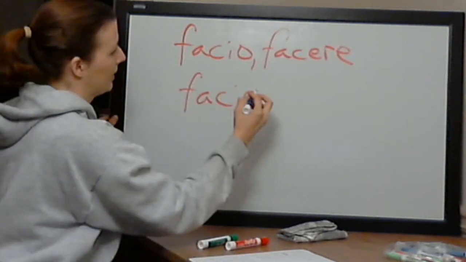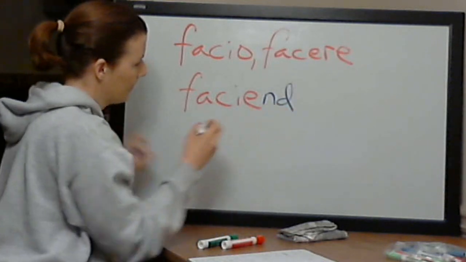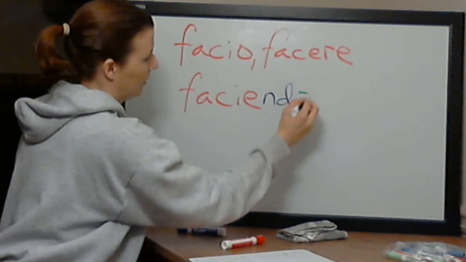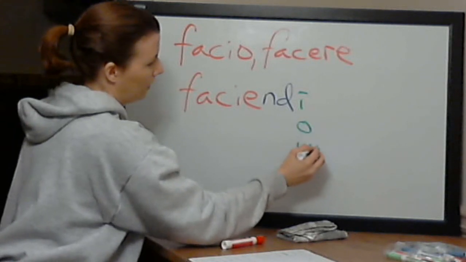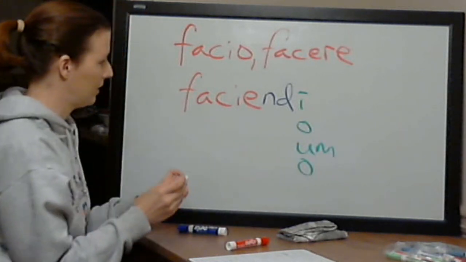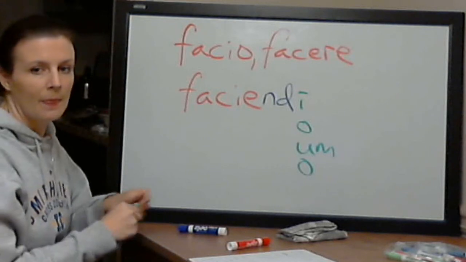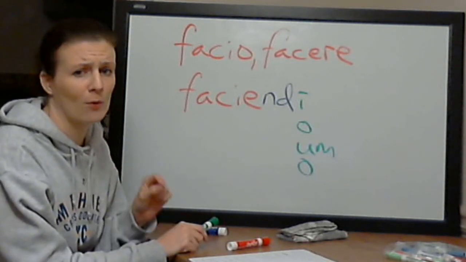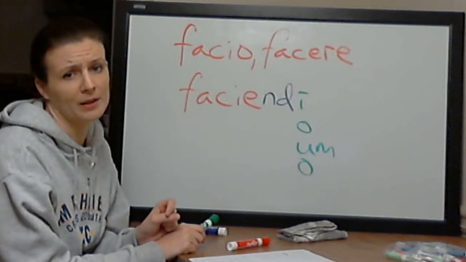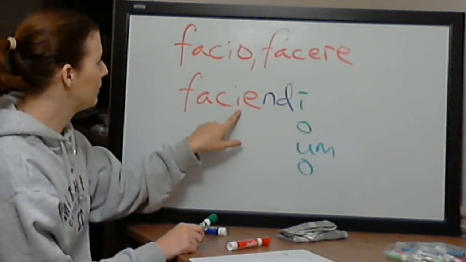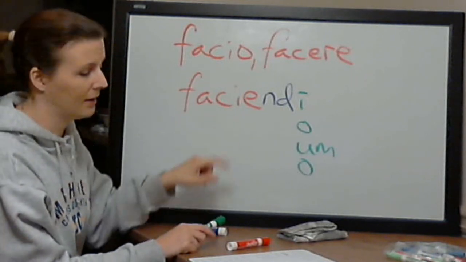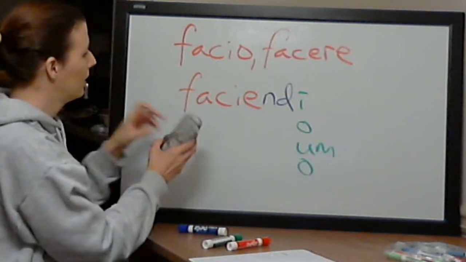And to that, we're going to add our nd. And to that, we add the same genitive ending, dative ending, accusative ending, or ablative ending. So faciend. For third io, please remember that the i needs to be there in almost every single form. There are very, very rare exceptions where the i is missing. So you need to make sure that you're always remembering if there's an i in the first principal part, there's going to be an i in almost every other single form.